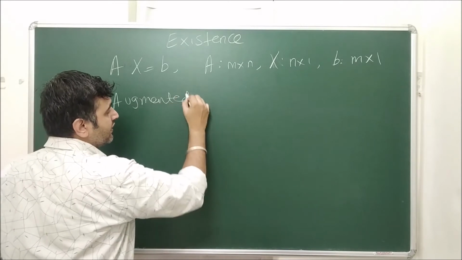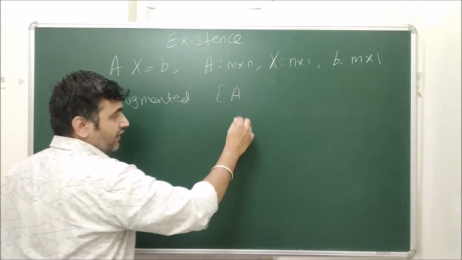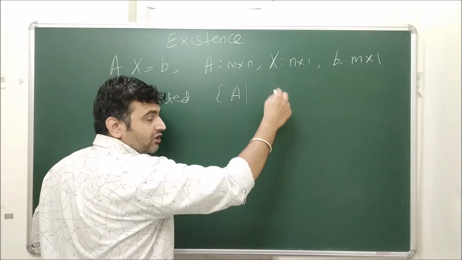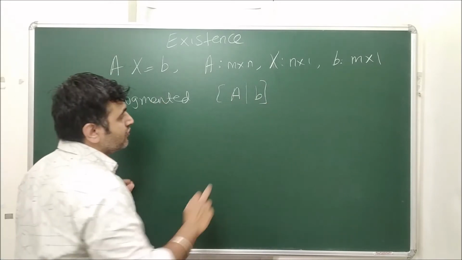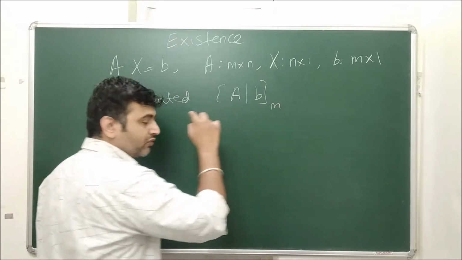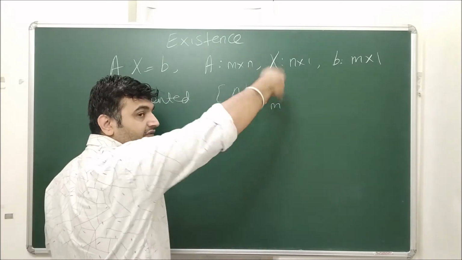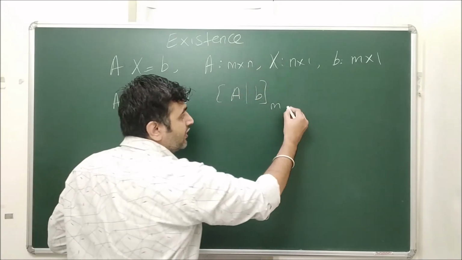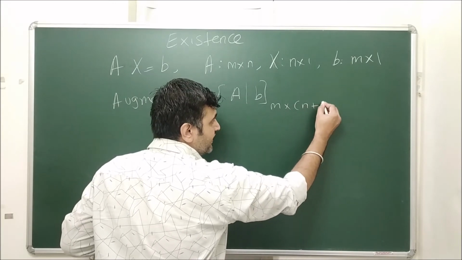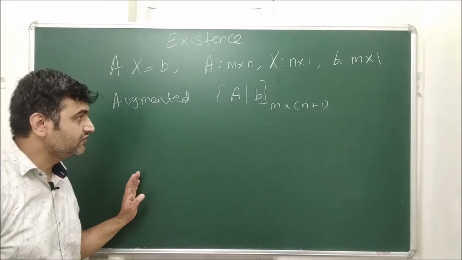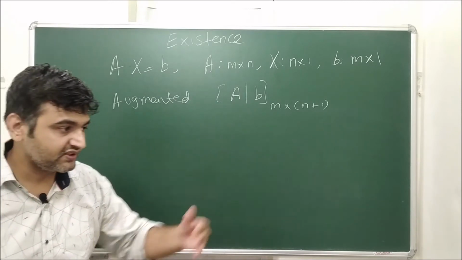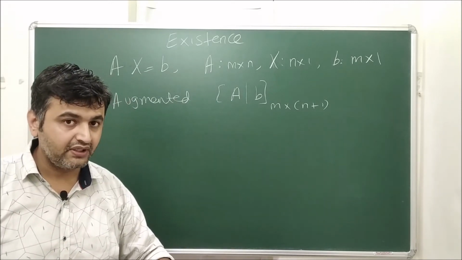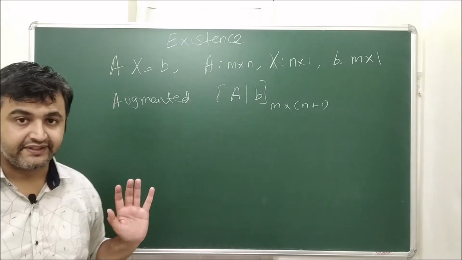Once you have a matrix A, you adjoin the last column as a column vector B. So the number of rows are same. I am just adjoining one more column on the extreme right, so therefore the number of columns increases by 1. Such a form of a matrix is called an augmented form. You just adjoin your column vector B on the extreme right hand side.